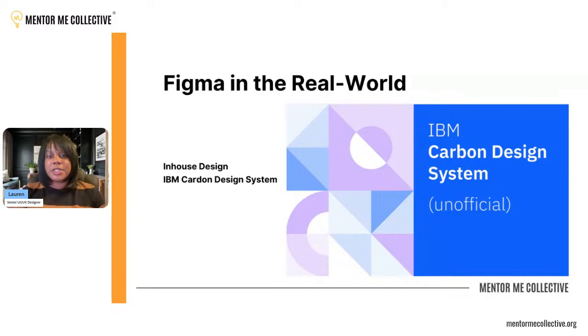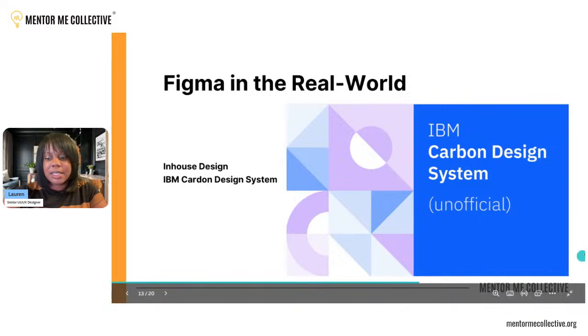So I'm just going to take you through this real world experience with IBM's design system called Carbon Design System. Of course, this is unofficial, so I don't know what the actual official one is, but if you just Google it yourself, you have access to this as well. Several other companies just have it available.